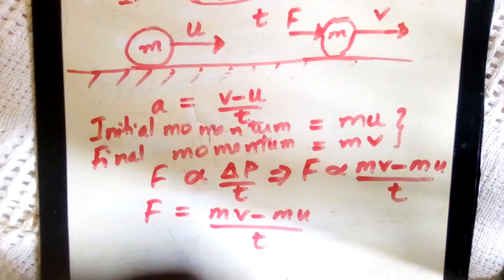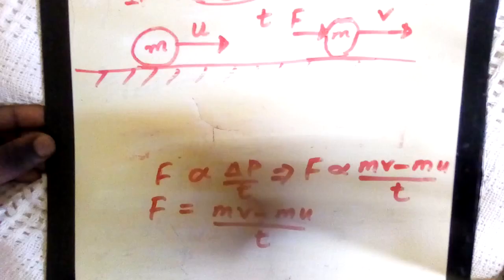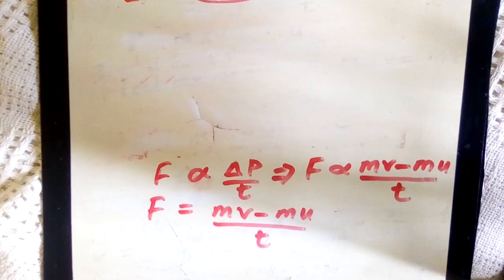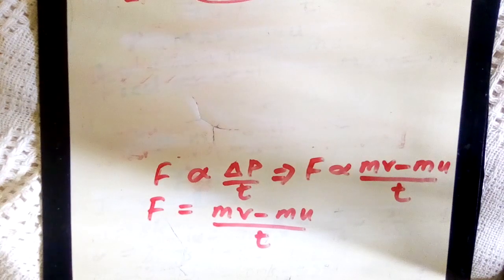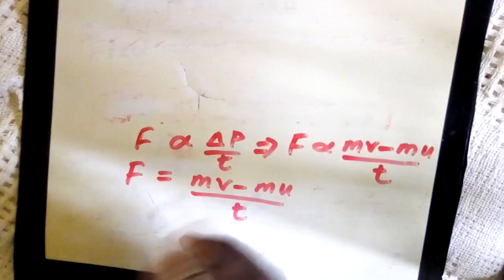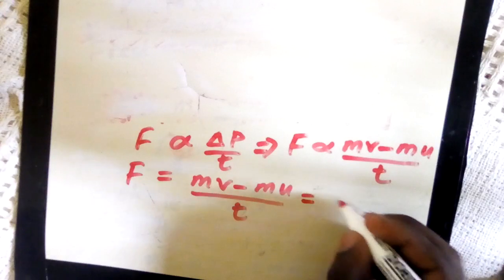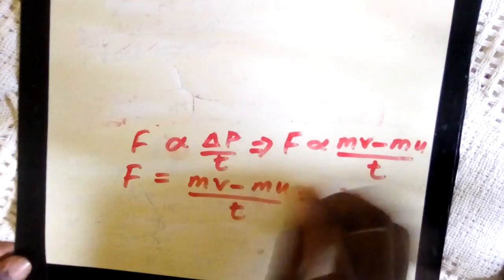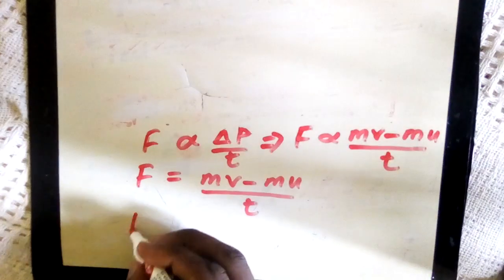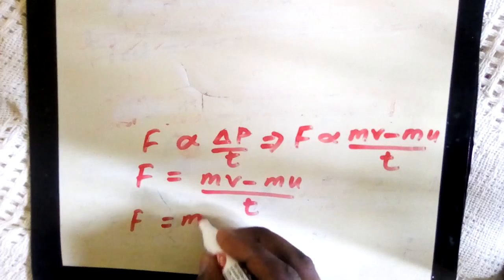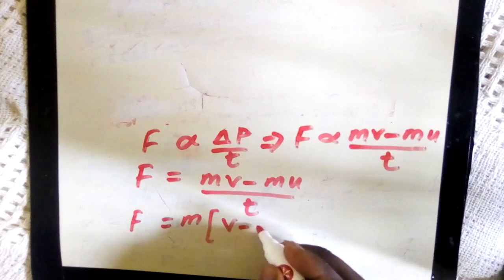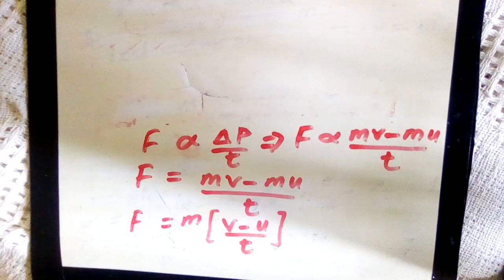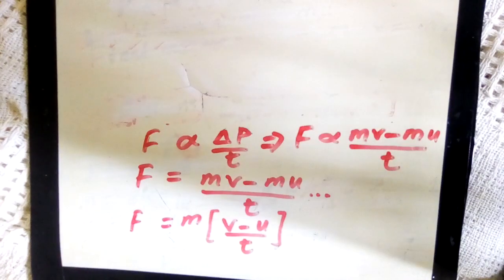So we can go ahead and expand this formula as F being equal to, let's factor out the mass, so this is the simplified version of the equation.